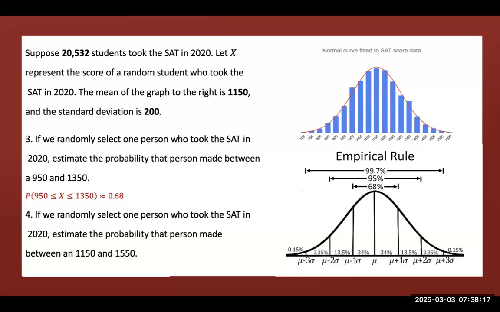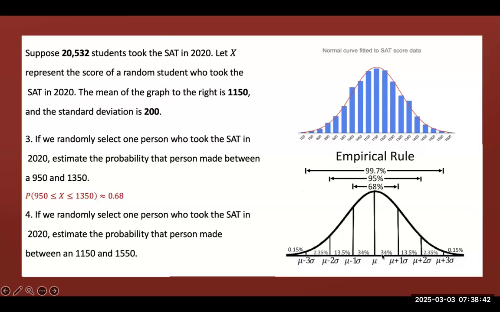How many standard deviations away from the mean is 1550? If I add 200 to 1150, I get 1350. If I add 200 again, I get 1550. So 1150 to 1550 is from mu to mu plus 2 standard deviations.